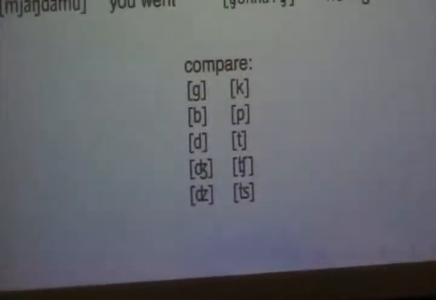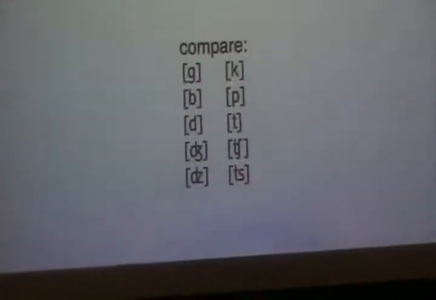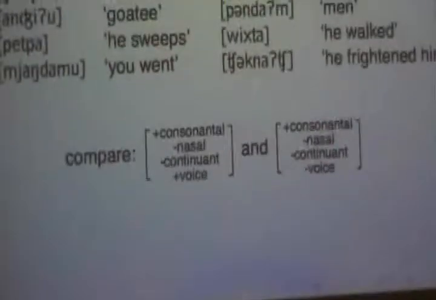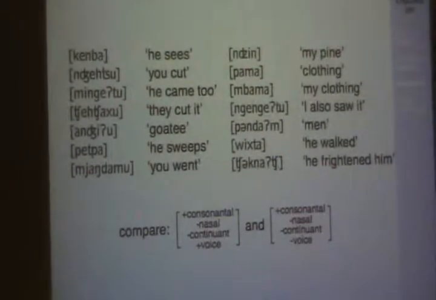These are non-nasal, they are plus consonantal, they are minus continuant, and they are plus voiced. So re-asking this question in terms of features boils down to this. I want you to compare those sounds that are plus consonantal, minus nasal, minus continuant, and differ only with respect to voicing. One's plus voice, the other's minus voice. Do you see how I got to this point? Okay.